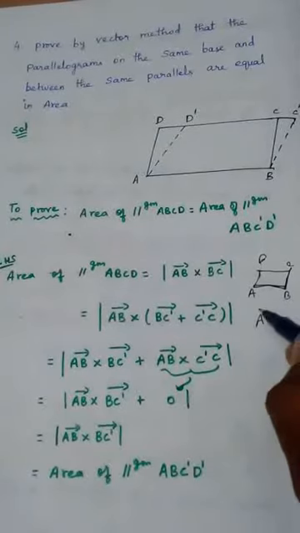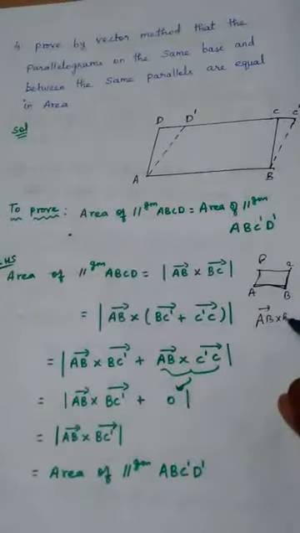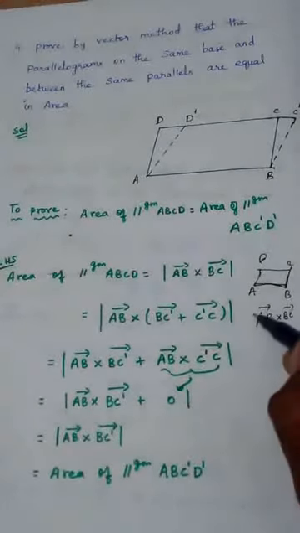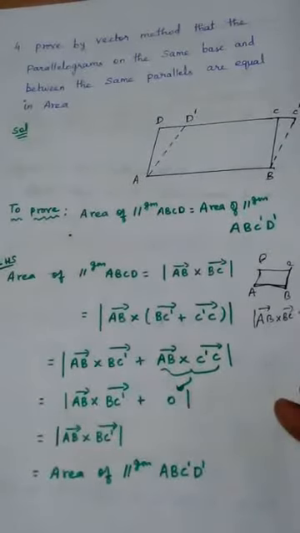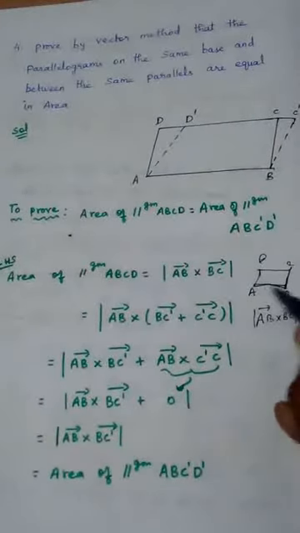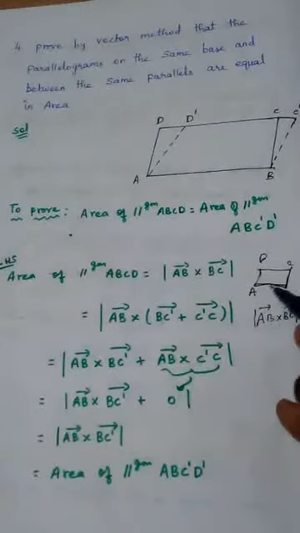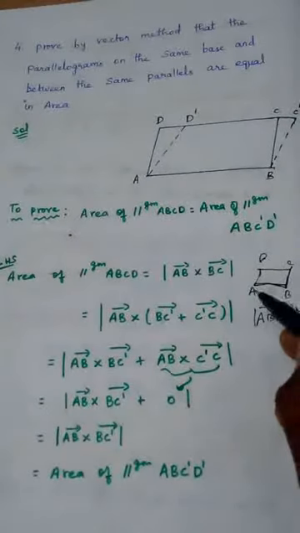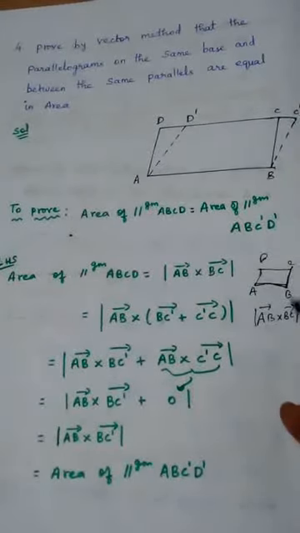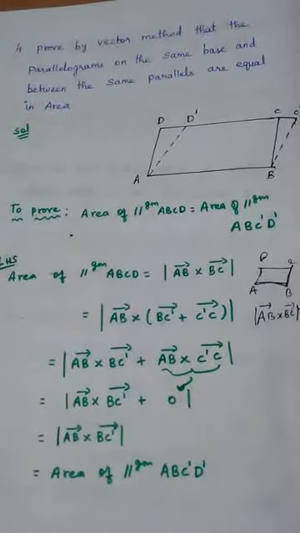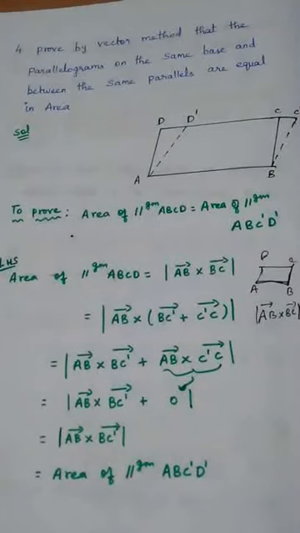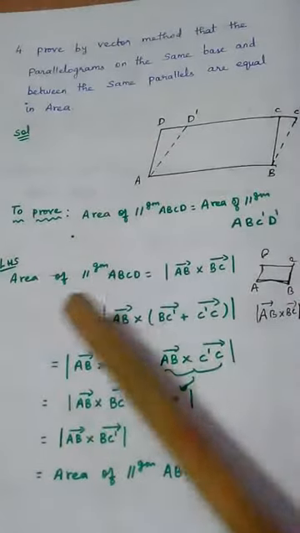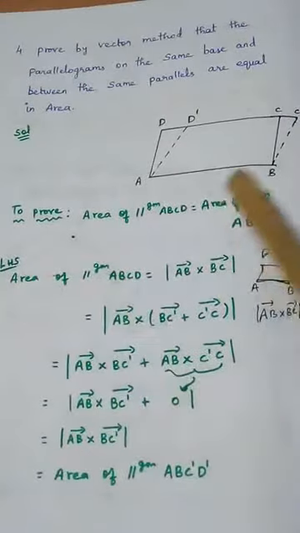The modulus of AB vector cross BC vector is the area of the parallelogram.